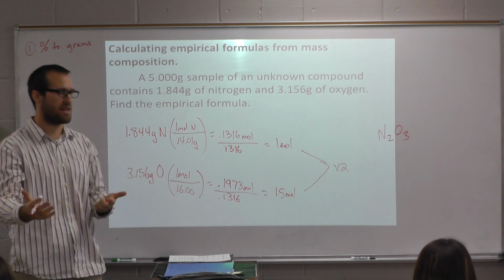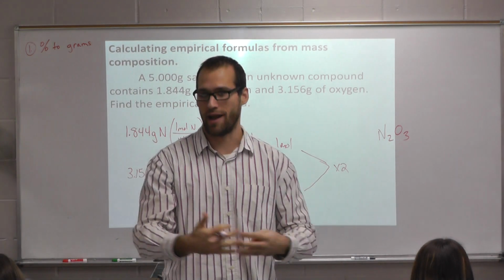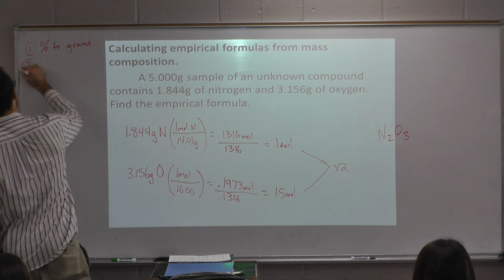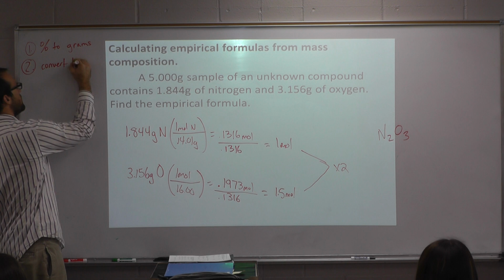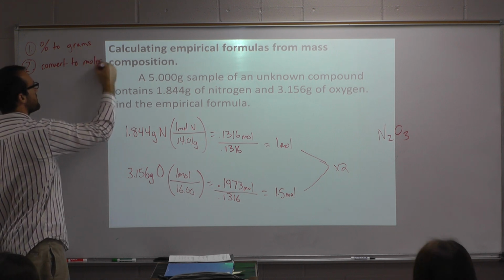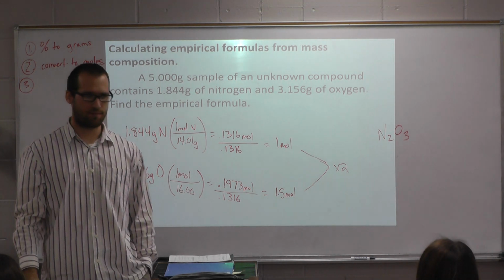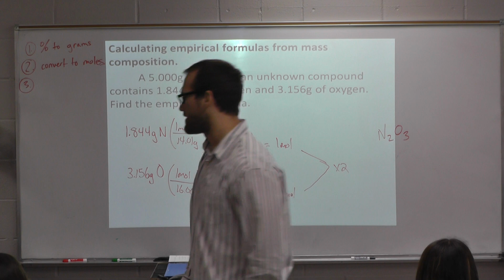So if it's 73% of something, you would just say, I'm going to see 73 grams of that substance. Second step would be what? Convert to moles. Number 3, what would be our third step? Divide by the smallest.